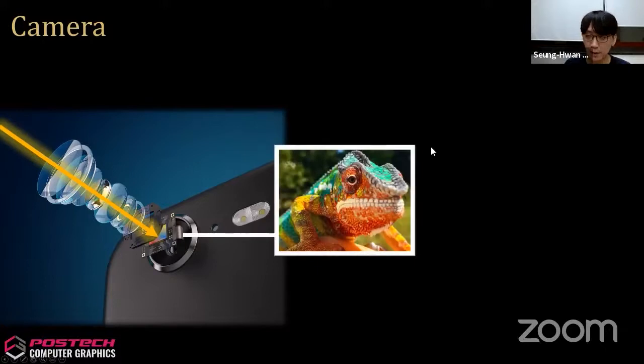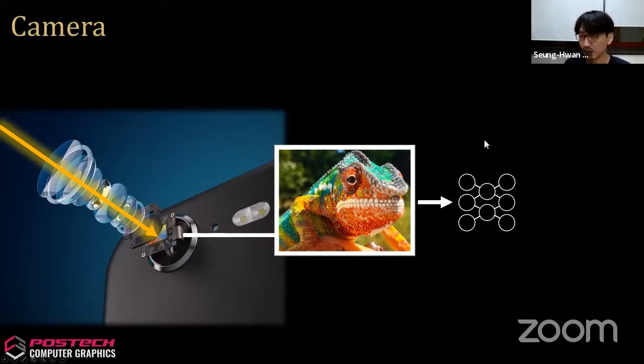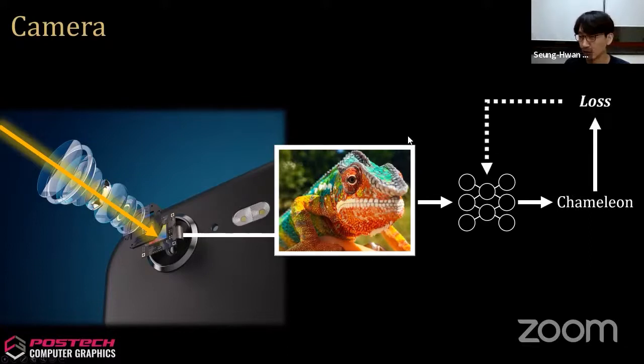The sensor is super high resolution, so it gives a nice chameleon image, for example. Then we have a neural network these days to process this image and extract some hidden scene information, here in this example the class of this image, which gives the estimate of this chameleon, right? Then we have a loss function, which is used to train this neural network. This is how the current camera has been developed.